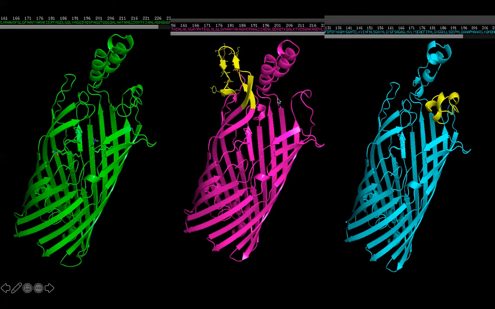You can see that they are kind of similar, but right in this area where the yellow is showing on both of these figures is where, as I said on the previous slide, our alignment showed that they had extra amino acids in a region where the other two did not have that excess region of amino acids. So maybe we discovered that because it has this difference, this may be a key for why it uptakes different fatty acids than maybe this structure or this structure. So it's very interesting.